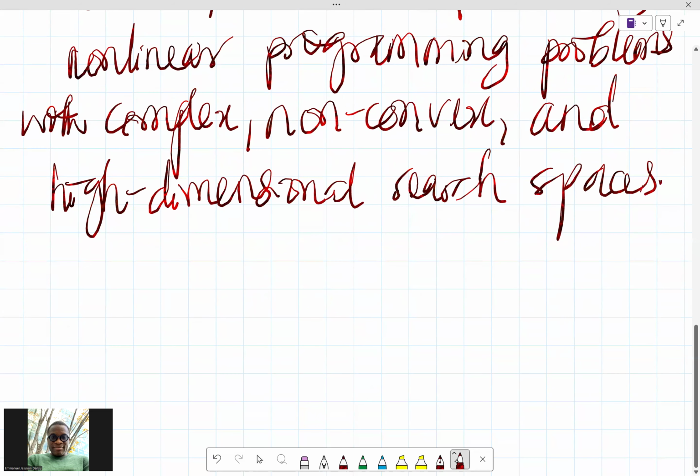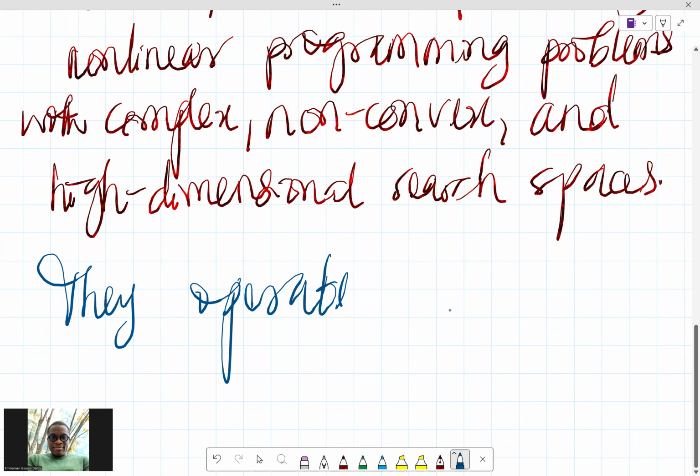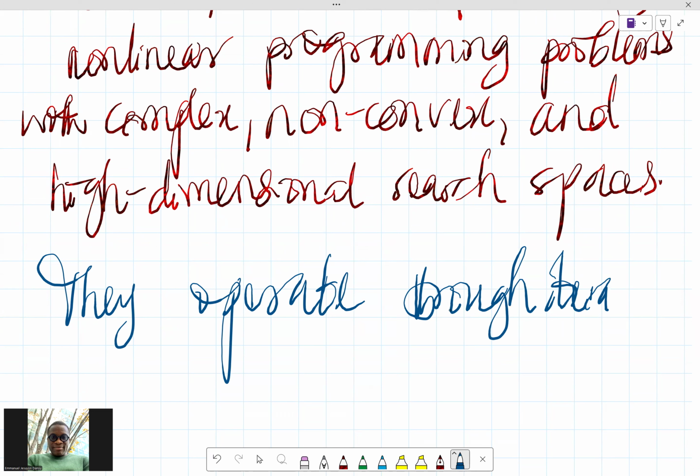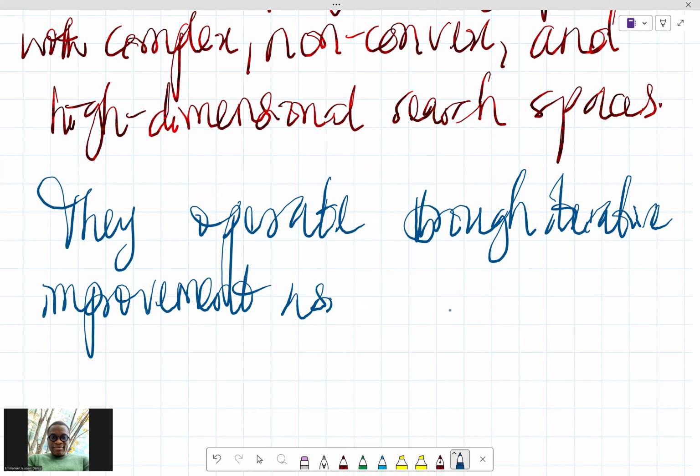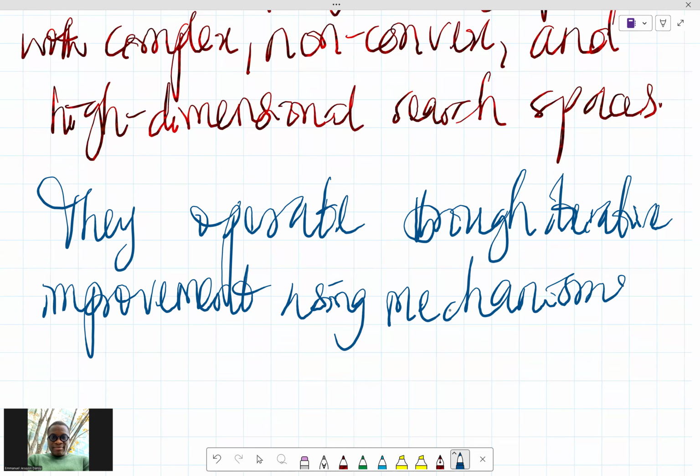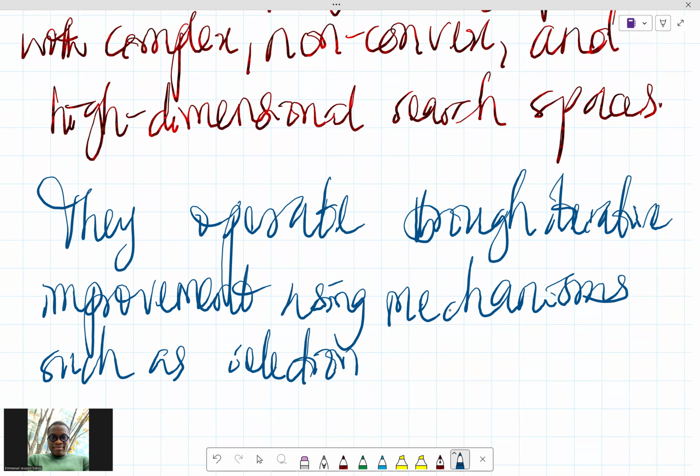They operate through iterative improvement using mechanisms such as selection, mutation, and crossover.